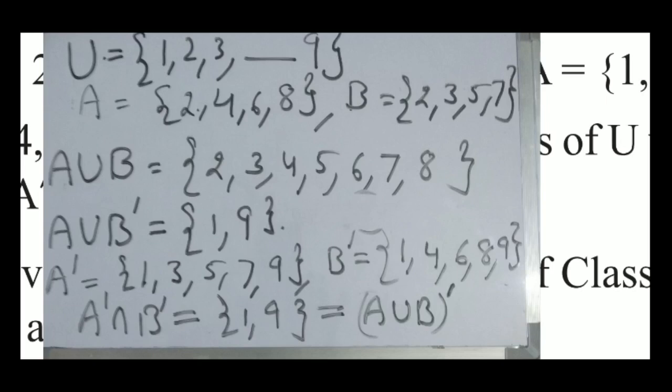Then you will find the complement of A, which is equal to 1, 3, 5, 7 and 9, and after that you will find the complement of B, which is equal to 1, 4, 6, 8 and 9. After getting this, you will find the right hand side, which is the intersection of A complement and B complement, and that is equal to 1 and 9, which is also equal to the left hand side, that is the complement of A union B. This we had to prove.